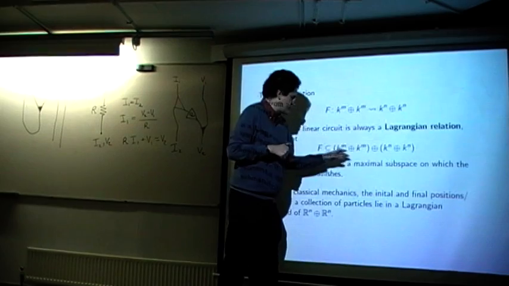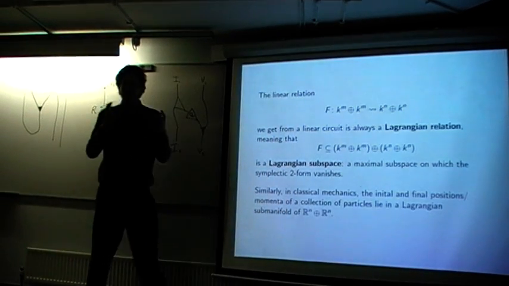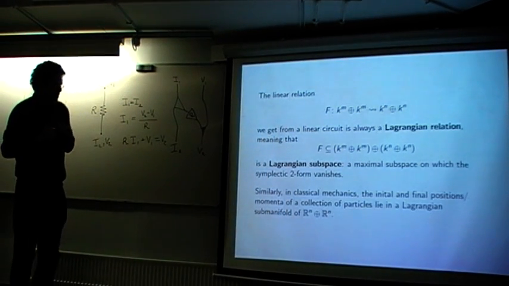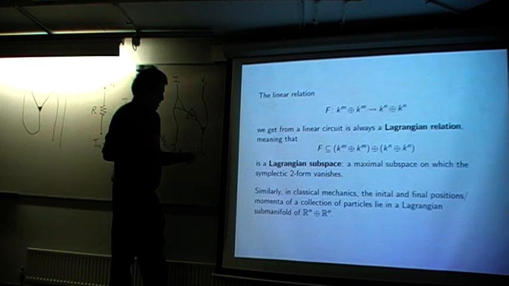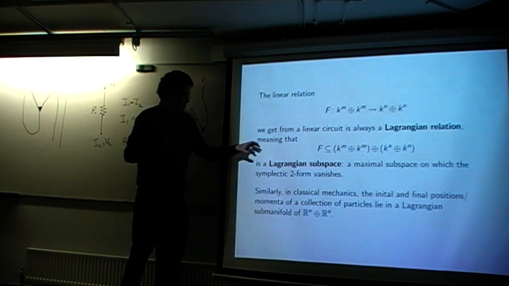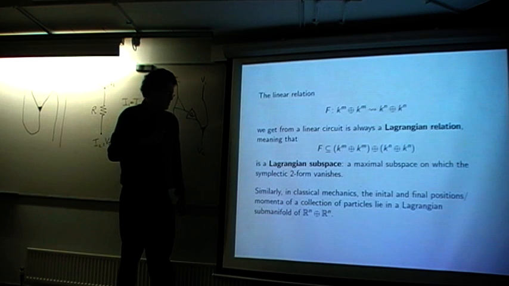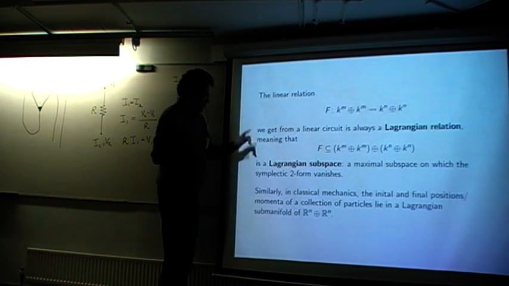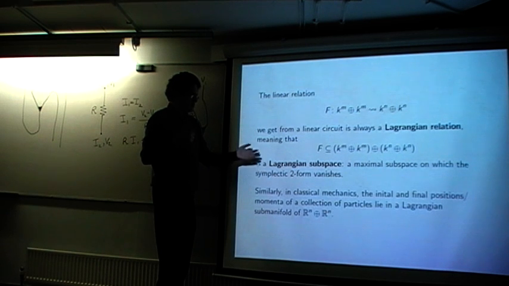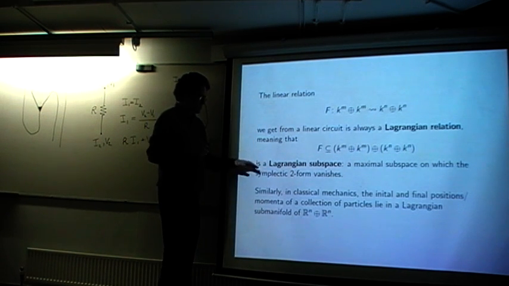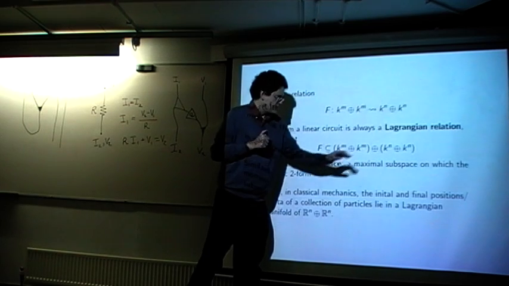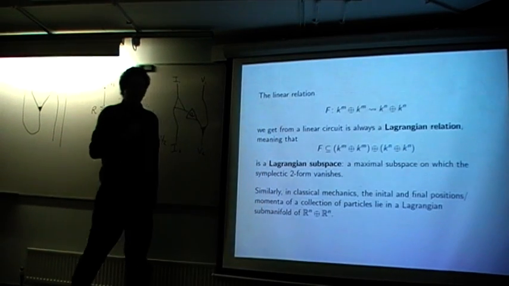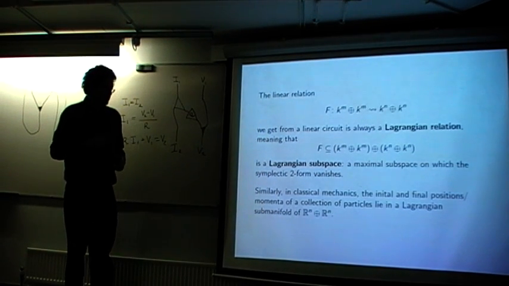So this whole thing here is a symplectic vector space, and there's a really nice kind of subspace of such a thing, called a Lagrangian subspace. It's one on which this symplectic 2-form that I wrote down before is 0 when you restrict to that subspace. And more precisely, it's a maximal one. And that's also very famous in classical mechanics, at least if you get into it deep enough.